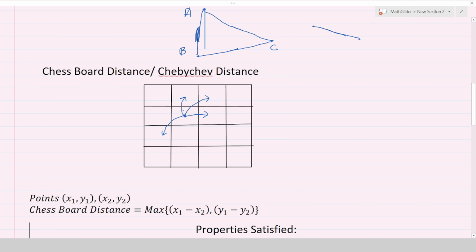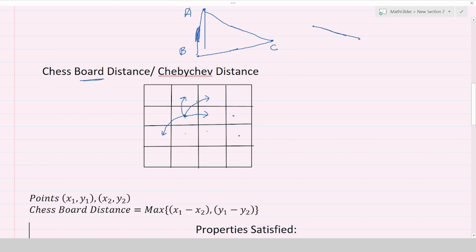The distance between this and this is defined as 1, this and this is defined as 1, this and this is defined as 2, and this and this, let's say, is 1, 2, 3. Okay, so this is how you go in this weird chessboard distance.